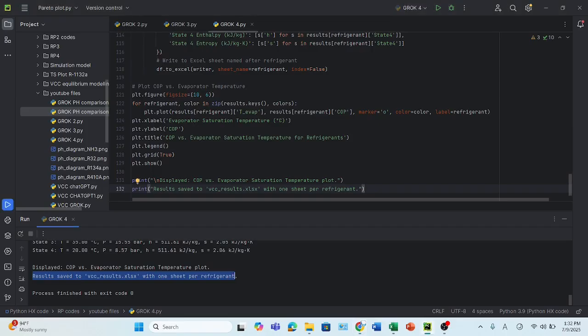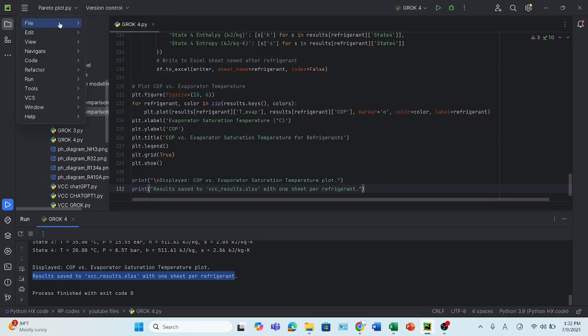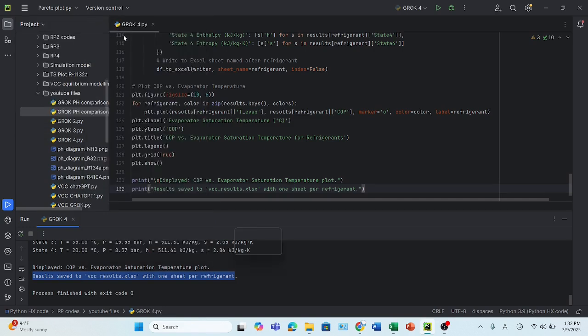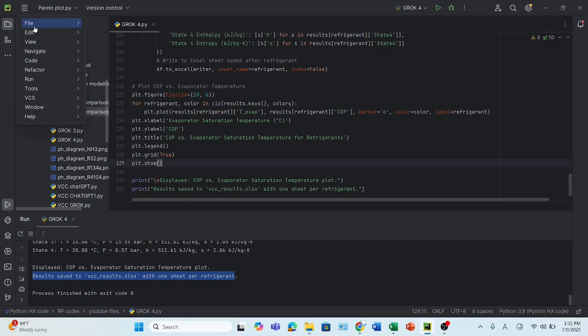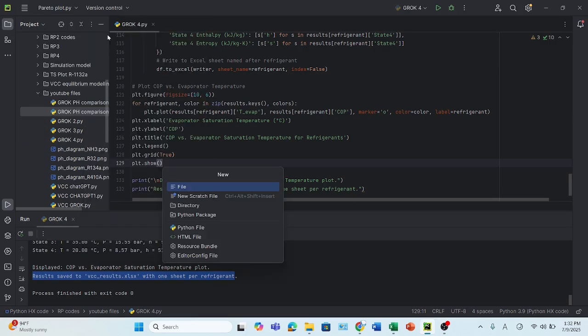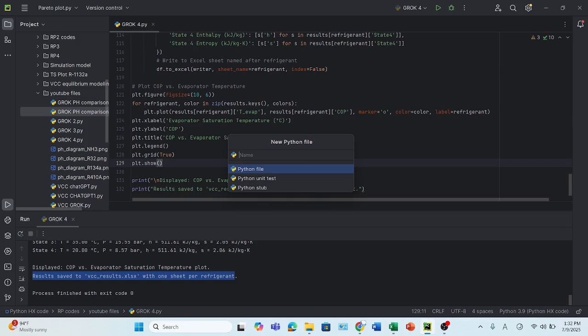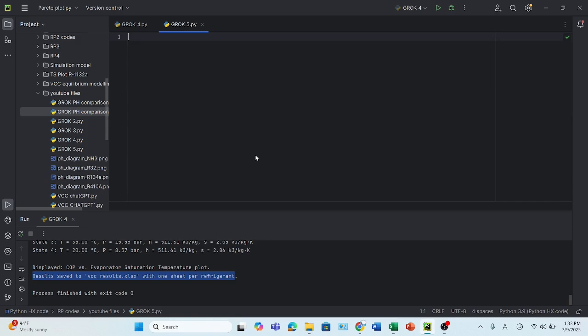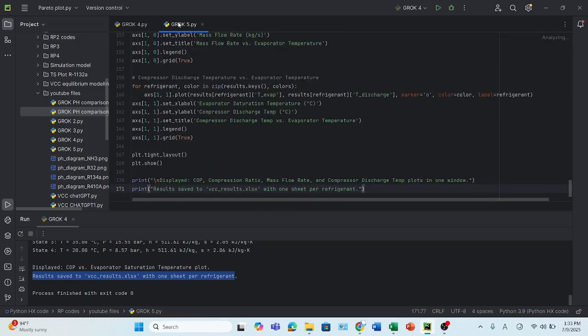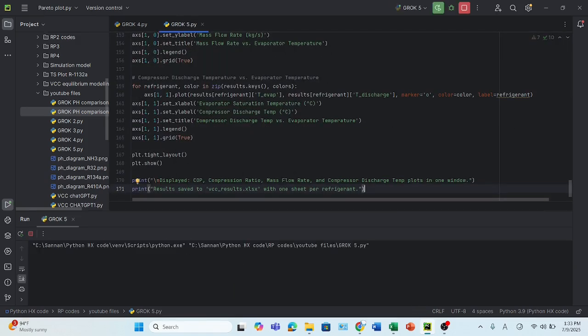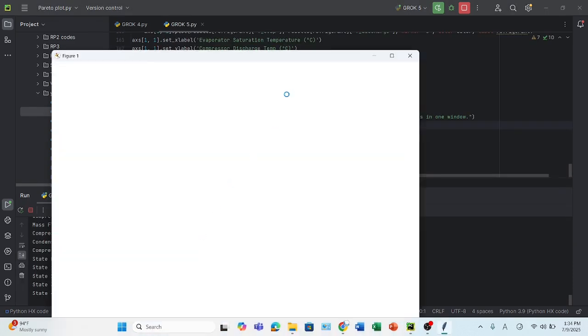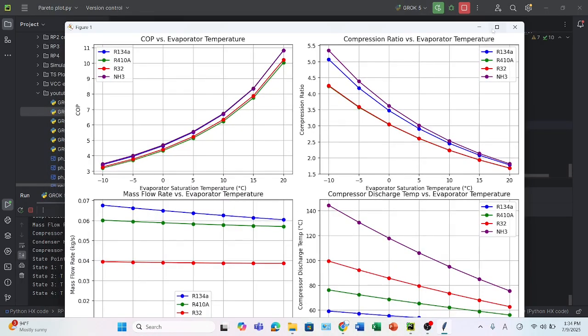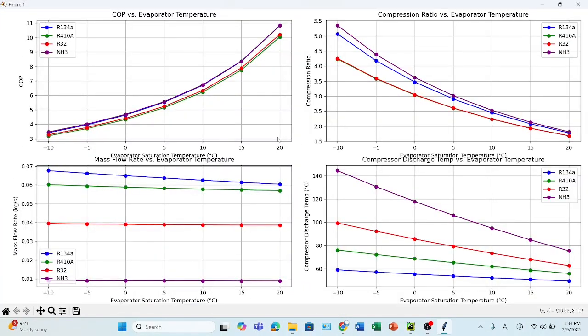So just copy, and we will close the previous files and make another new Python file and name it Grok 5. Just paste this new code and run it. Now we have run it again, and it seems like it has provided what we needed.